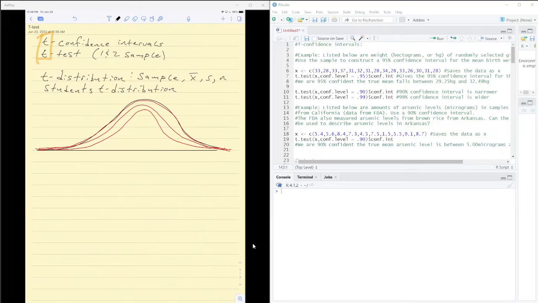And again, your mean is what this is centered on, but the shape is going to change depending on your sample size. As it gets larger and larger, it'll get closer and closer to a normal distribution. But you still describe the distribution with a mean and standard deviation. You just also have a sample size.